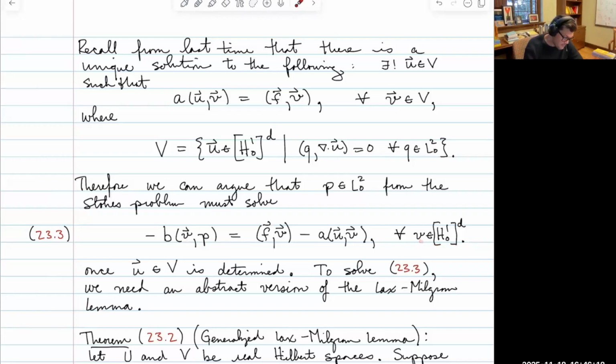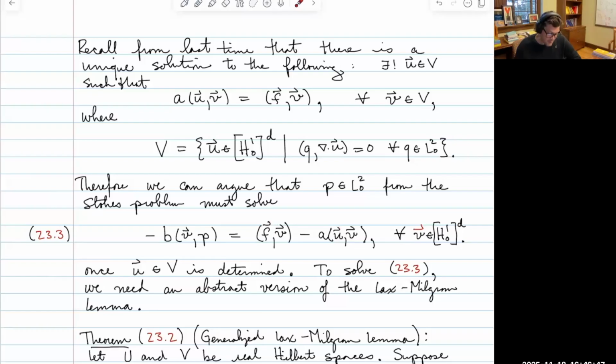Now we need to take V, this little v, not coming from that capital space V, but it has to come from this space H01D. Okay, so once U is determined, we're going to find P that satisfies this problem. And we're going to treat all of this as known information. Basically we're treating F and U as known information, and this gives us a known problem to solve.